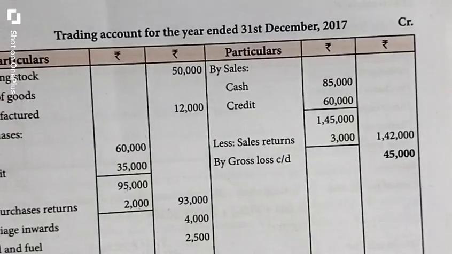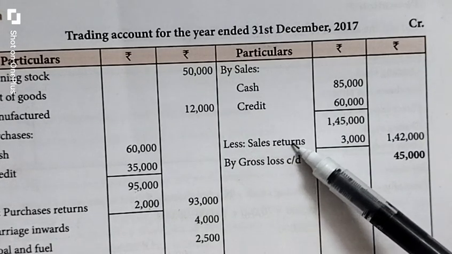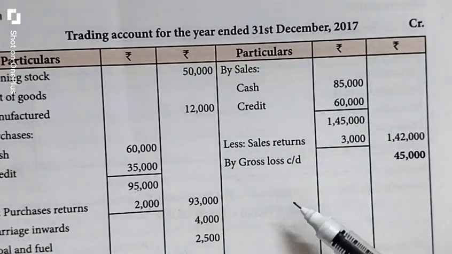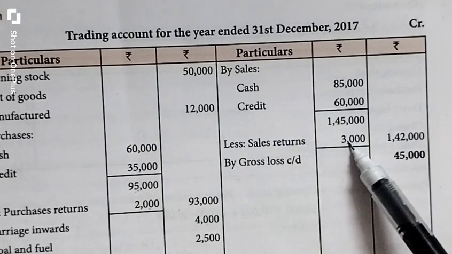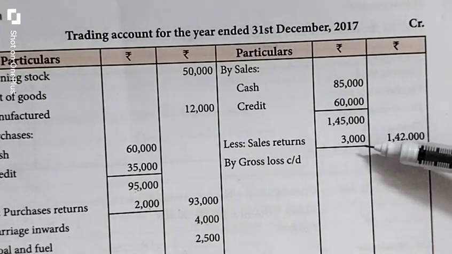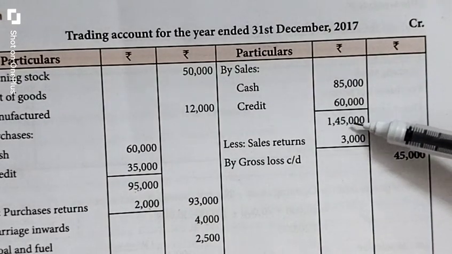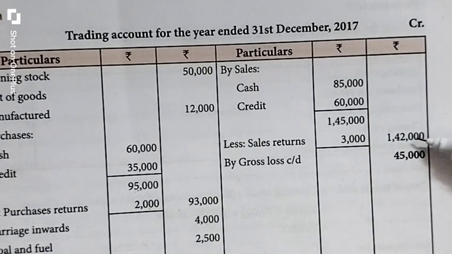On the credit side, we have to subtract sales return from the sales account. So for that we write less sales return 3,000 rupees in the inner amount column. After that we subtract 3,000 from 1,45,000. You get 1,42,000. That 1,42,000 is to be entered in the outer amount column.